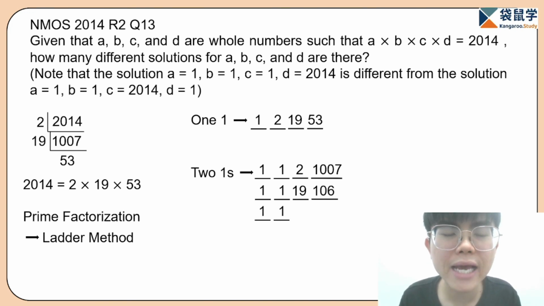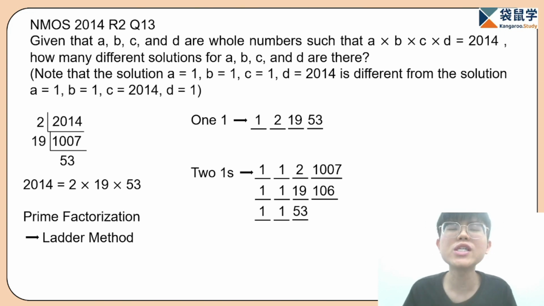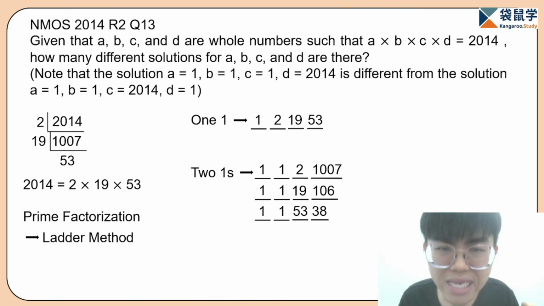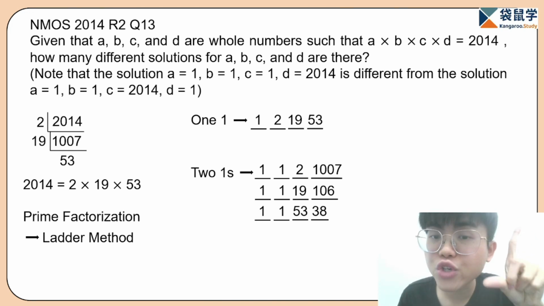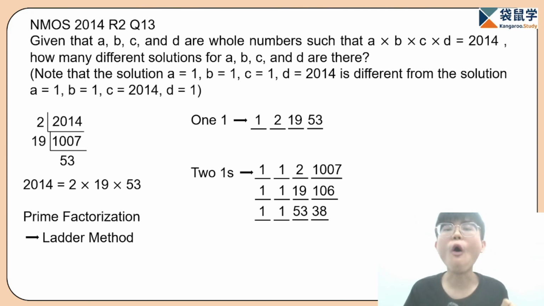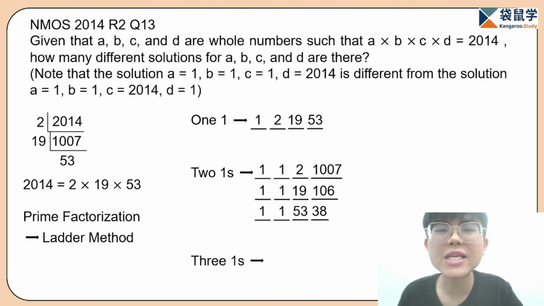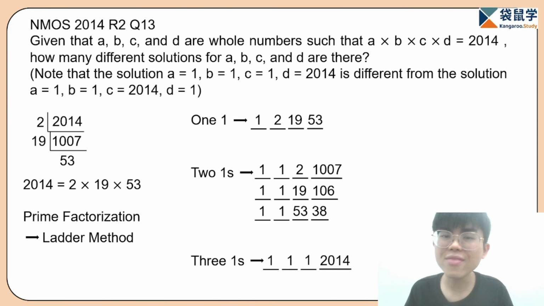Finally, we can also take out 53 first, and then use 2 times 19, which is equal to 38. So these are all the 3 combinations that we have for A, B, C, and D. Again, can we have an extra number 1 here? We can also have 3 of the number 1. So it will just be 1, 1, 1 and 2014.